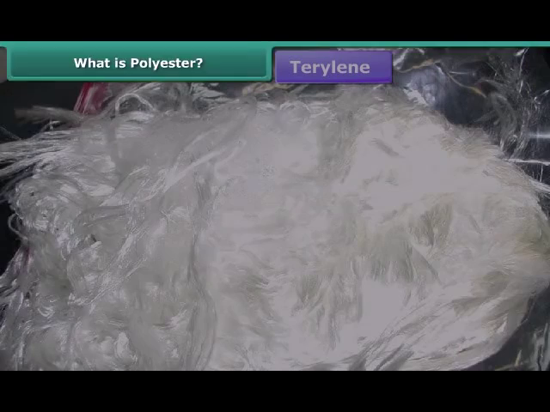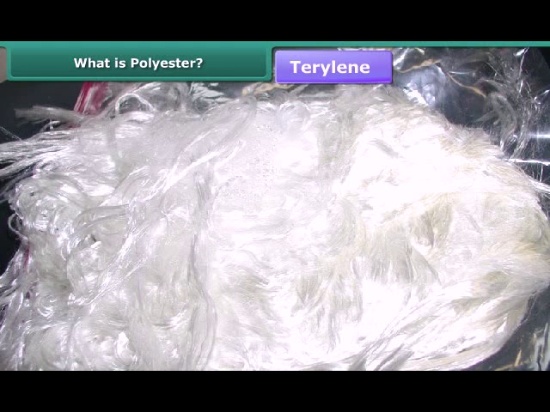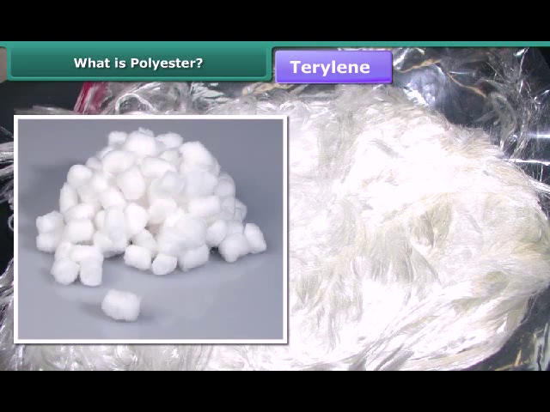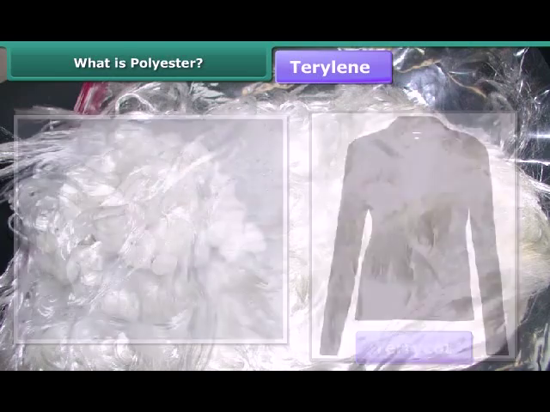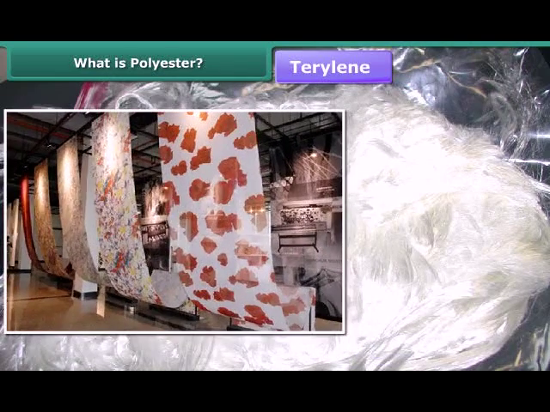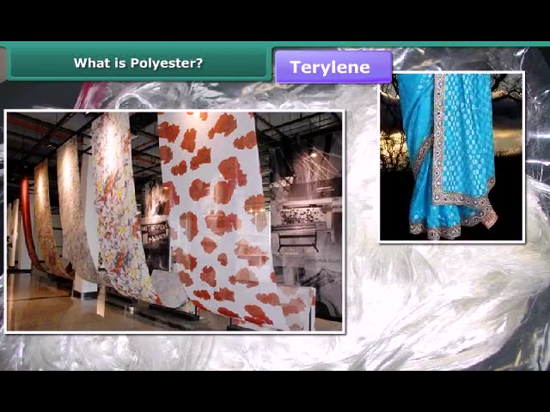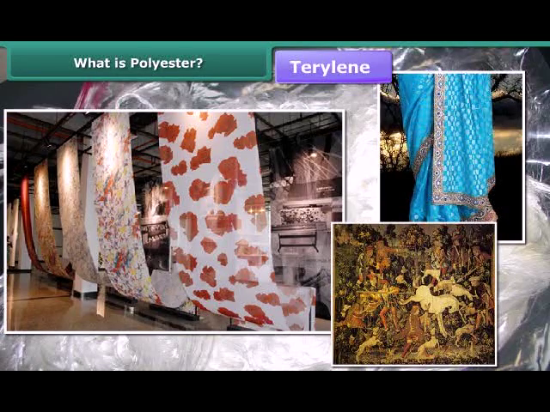Have you ever heard of Terylene? It is a popular polyester fiber. Terylene can also be mixed with natural fibers like cotton or wool to give terrycot or terrywool respectively. Terylene is used extensively in the textile industry to make clothes like saris, dress materials, tapestry, etc.